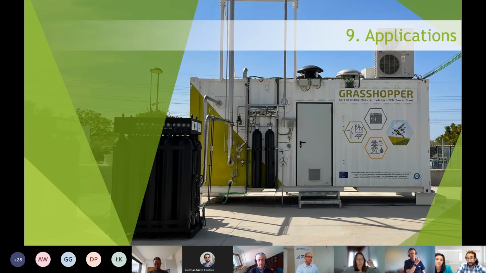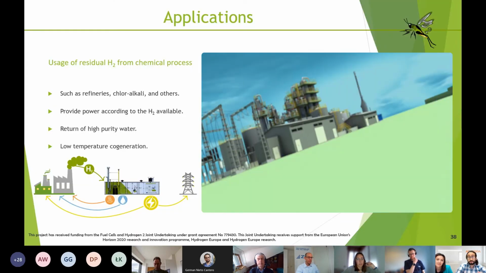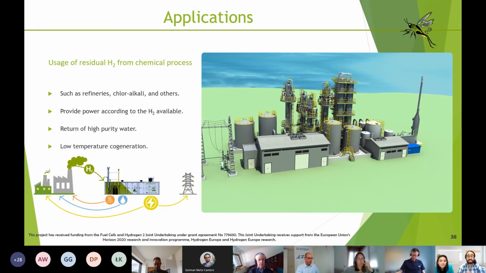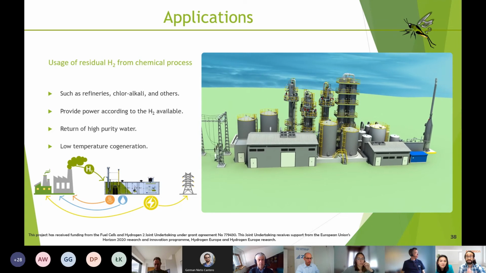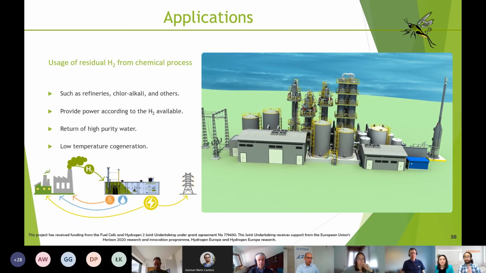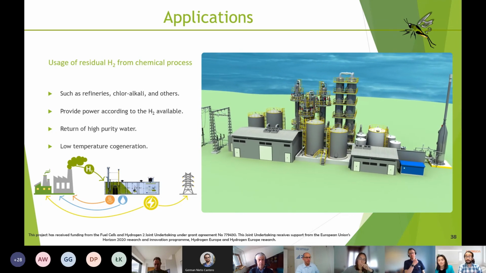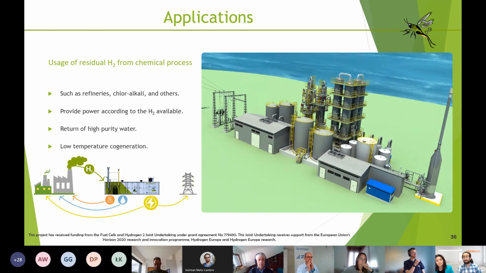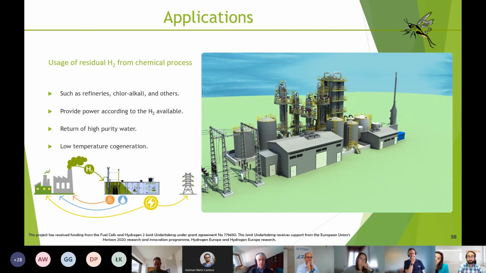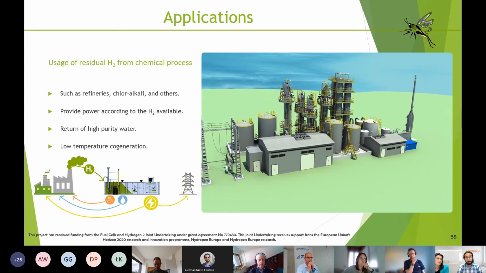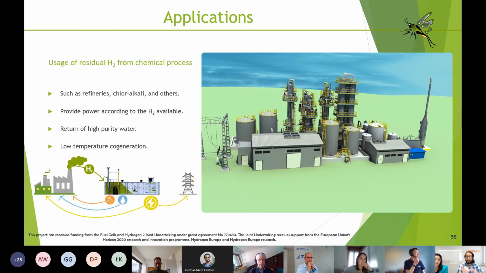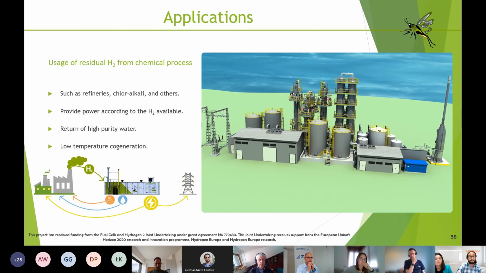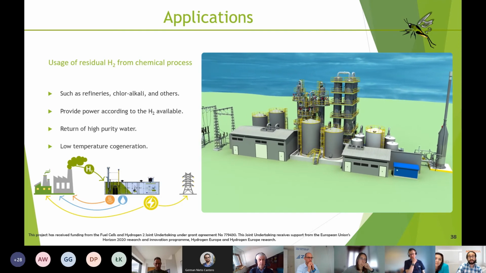Very briefly, going through the applications, because we don't have much time. Although the goal of the project is to provide grid stabilization services using a residual hydrogen stream from a chemical plant, this is not the only application that we have explored, and these are the uses. It can be used directly in a chemical compound to use the residual hydrogen.